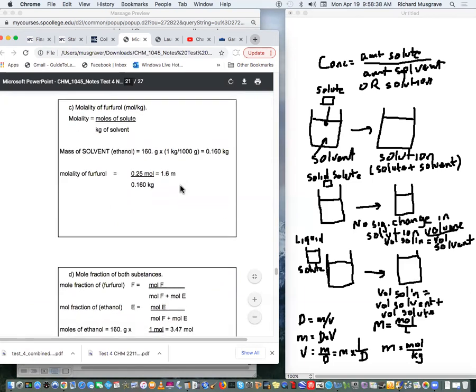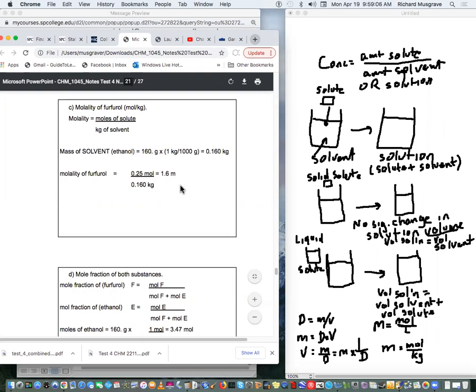The molality of furfural is just going to be moles of solute divided by kilograms of solvent. And again, it's just the solvent, not the solution here. So we're only interested in the mass of the solvent in kilograms, which is that same conversion as we did earlier. We take 160 grams, multiply by 1 kilogram over 1,000 grams, 0.160 kilograms.